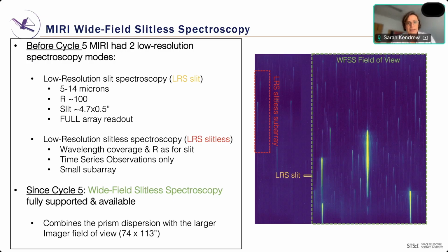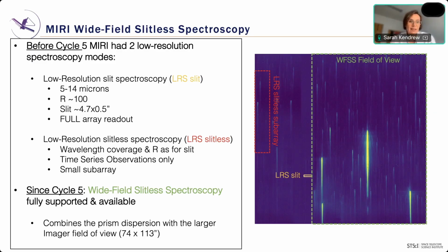The fixed slit LRS mode is always read out in full array. For slitless, we use the slitless prism subarray. It has the same wavelength coverage and same resolving power, but is dedicated to time series observations, and this small subarray reads out much faster than the full array to enable brighter targets.